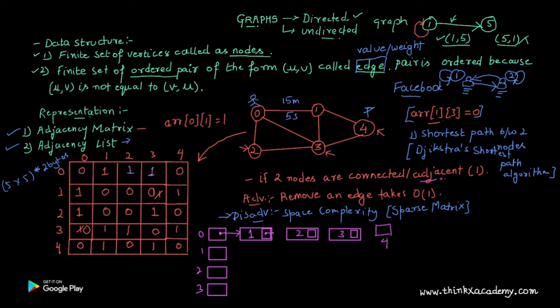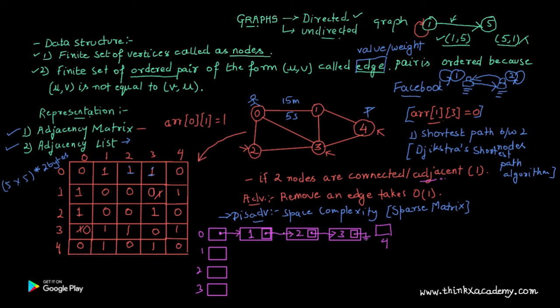So we are just going to show that 0 is adjacent to 1, and we will link all the nodes which are adjacent to this 0th node using the next pointer like this. And since there are no more adjacent nodes left, we are going to make it null.